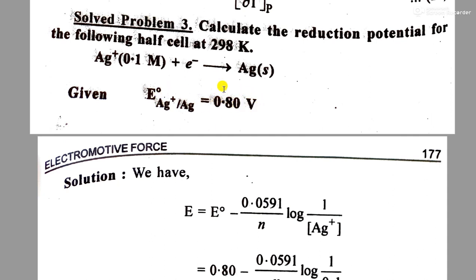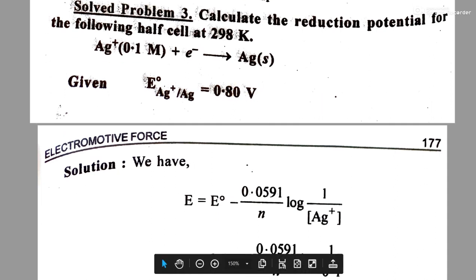So this reduction potential is actually the potential for reducing Ag plus to Ag. The first term is Ag plus here. So this Ag plus is being converted to Ag, and the potential for this reaction is 0.8 volt.